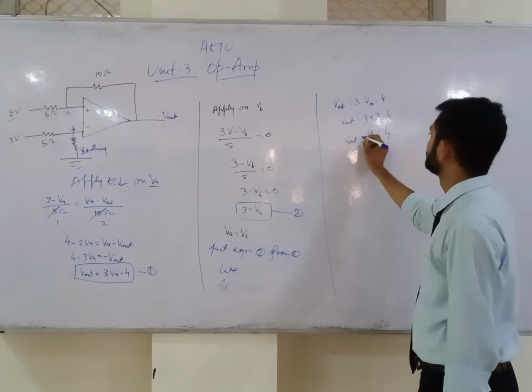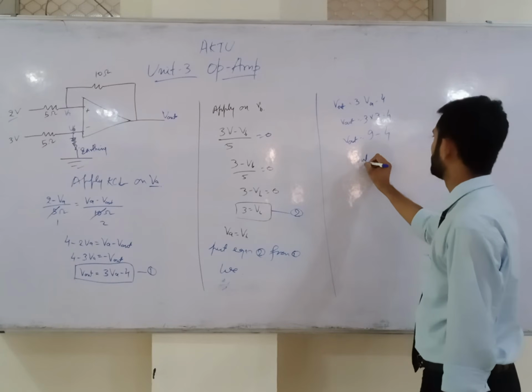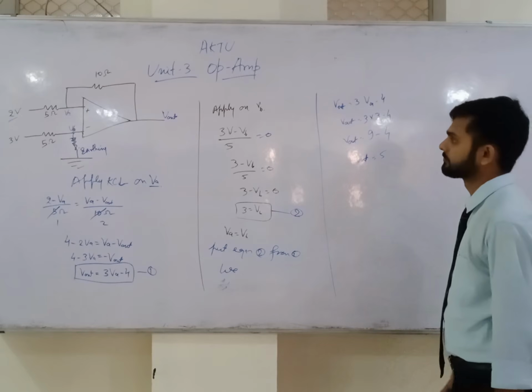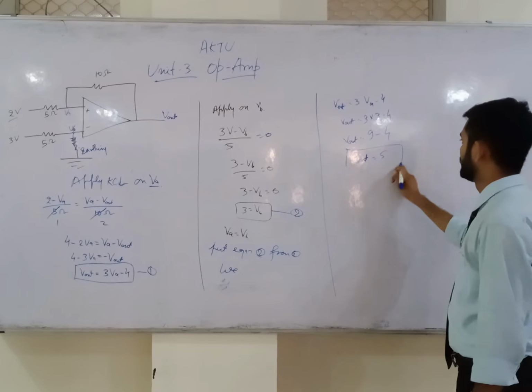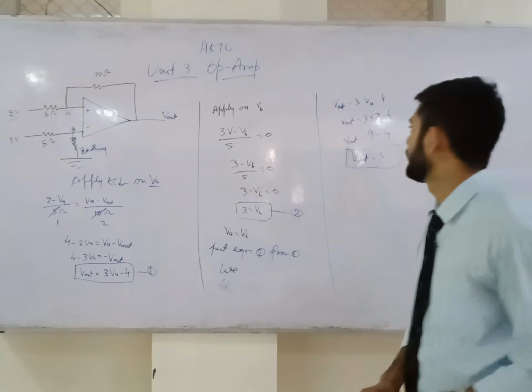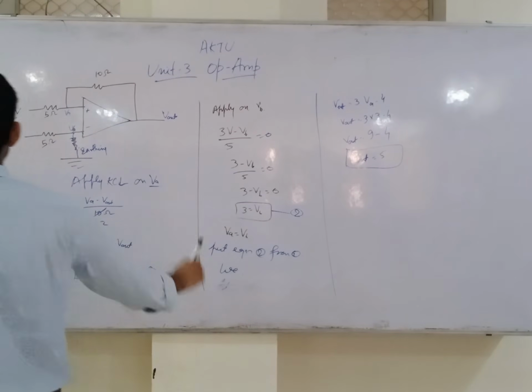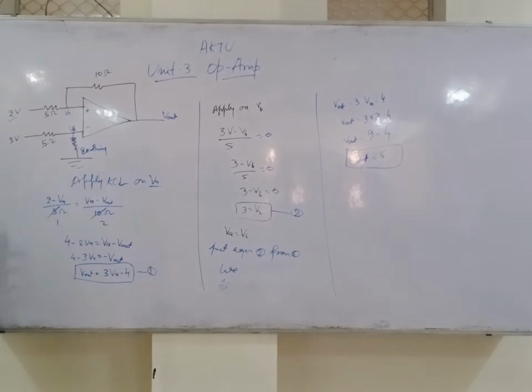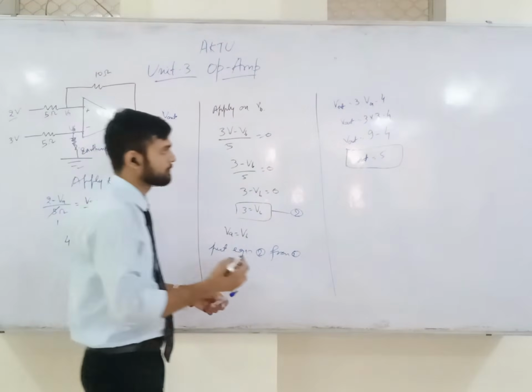V output is equal to 5. This is the normal question on op-amp. If we put 2 volt and 3 volt inputs with 5 ohm and 5 ohm resistances, and RF is 10 ohm, the output is 5 volts.